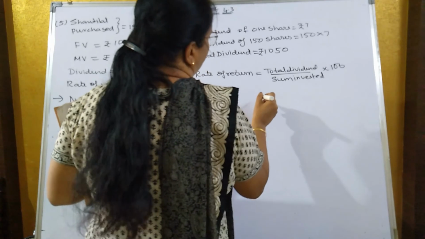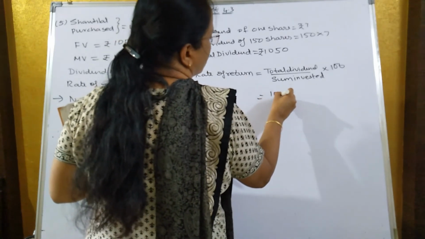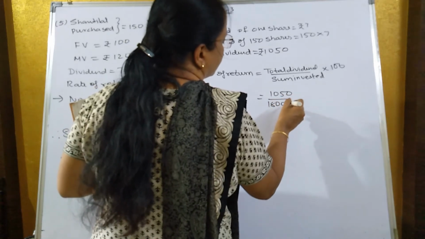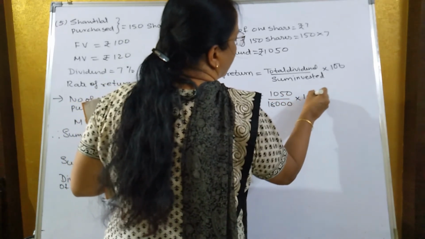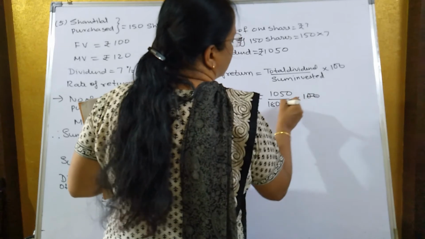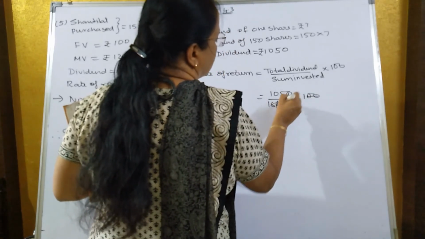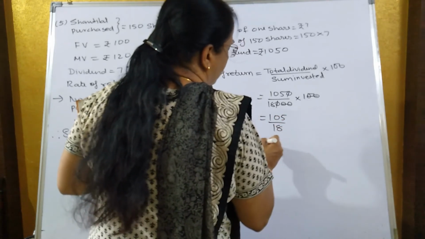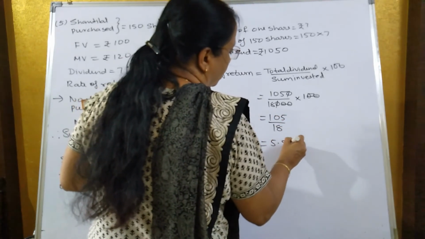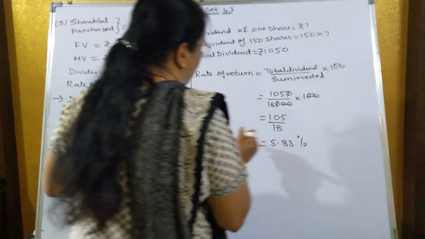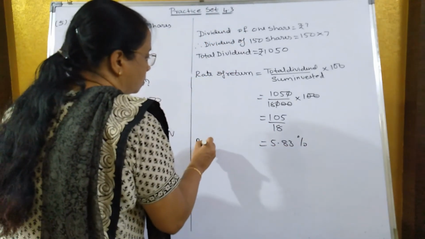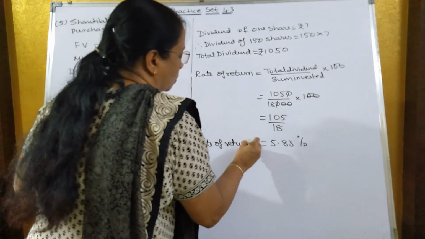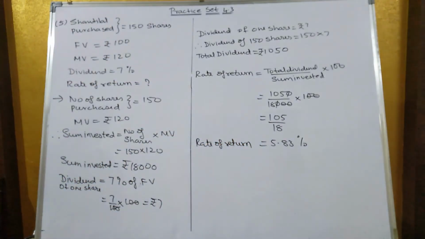So that is equal to total dividend 1050 upon 18,000 into 100. 0 and 0 will go, so that is equal to 105 upon 18. So that is equal to 5.83%. So rate of return is equal to 5.83%.